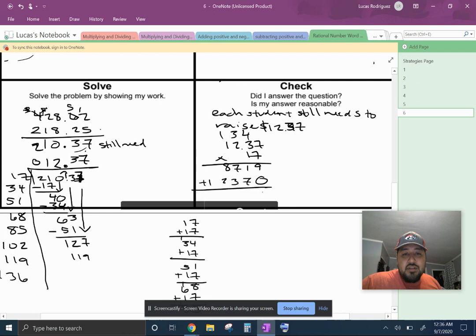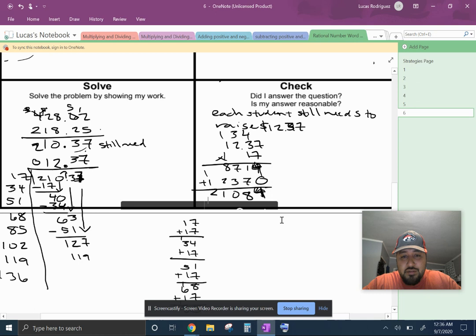Wait, no, it's supposed to be a 4. It's going to be 8, 9, 10, 11. So 2, 10, 84. It looks like I may have done my math wrong.